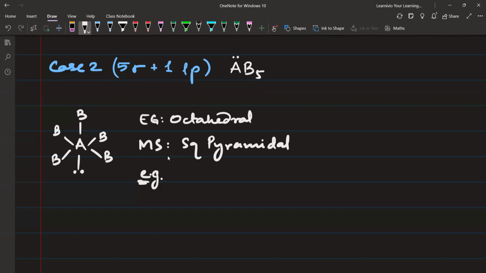Central atom is phosphorus. How many valence electrons? 5. 7. 7, na Zainab? I forgot to add 7 here. So it will not be phosphorus, it will be chlorine, bromine. Very good. Bromine.